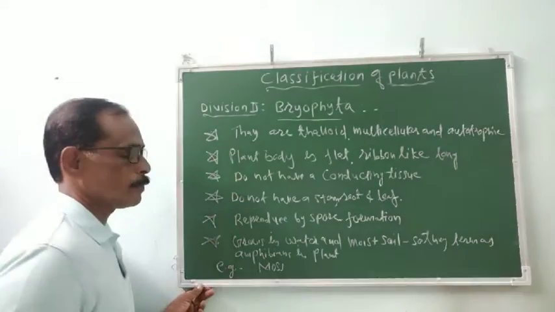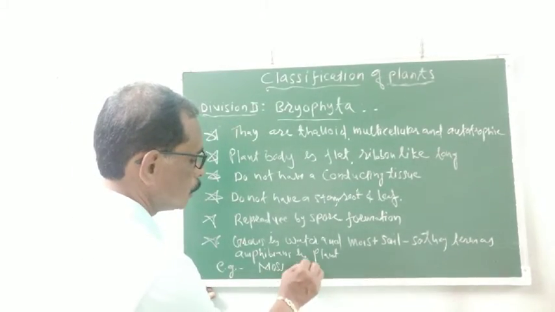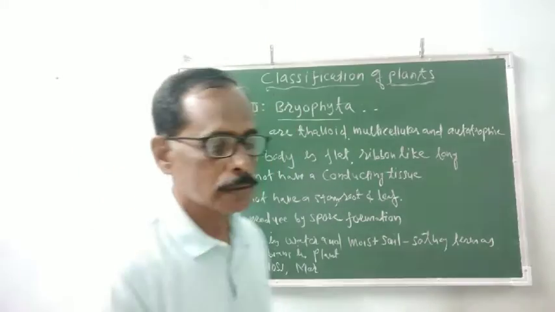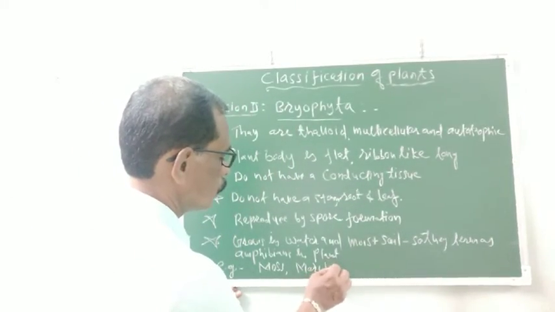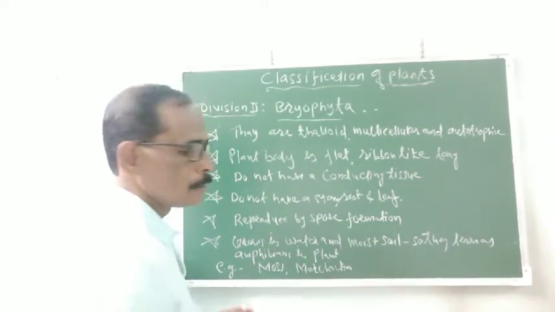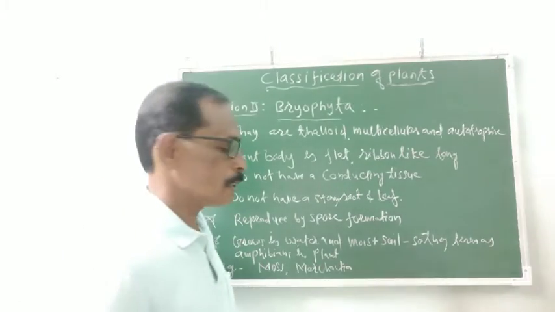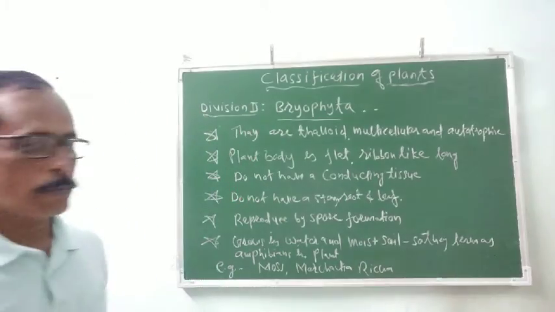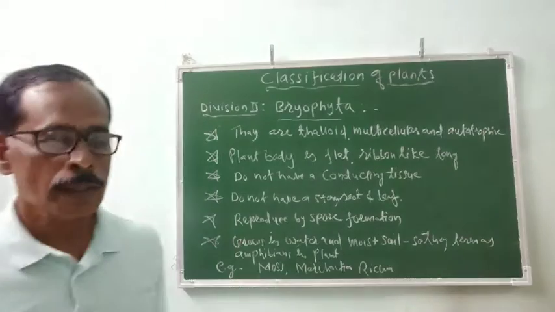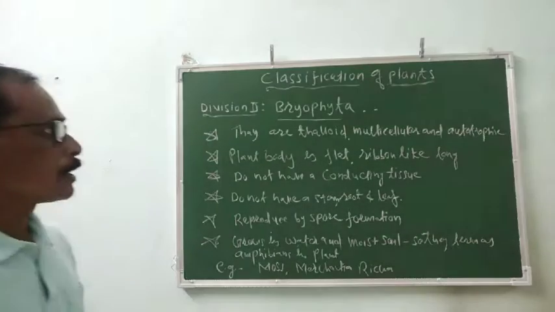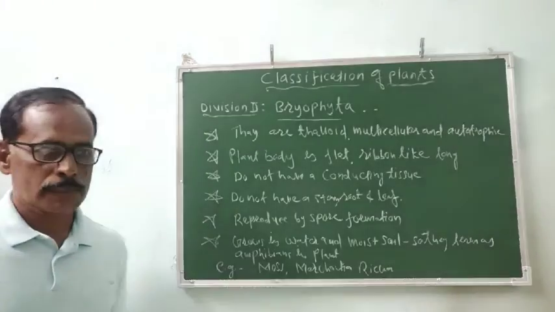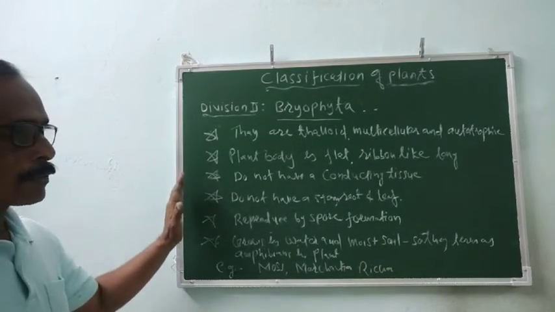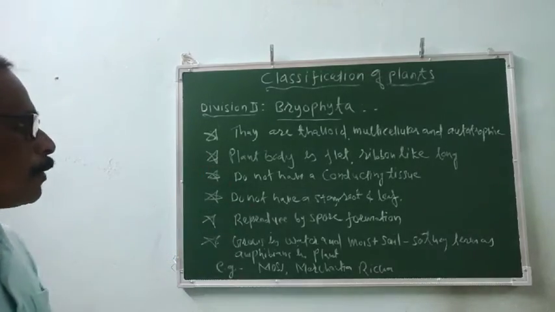It is also termed as funaria, marchantia, riccia. These are some bryophytes. Bryophyta is the second division of the subkingdom Cryptogams. These are the some characteristic features of the bryophyte plant.